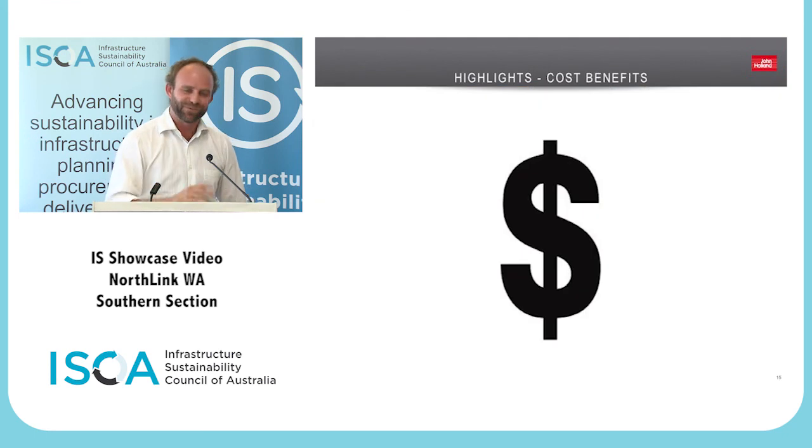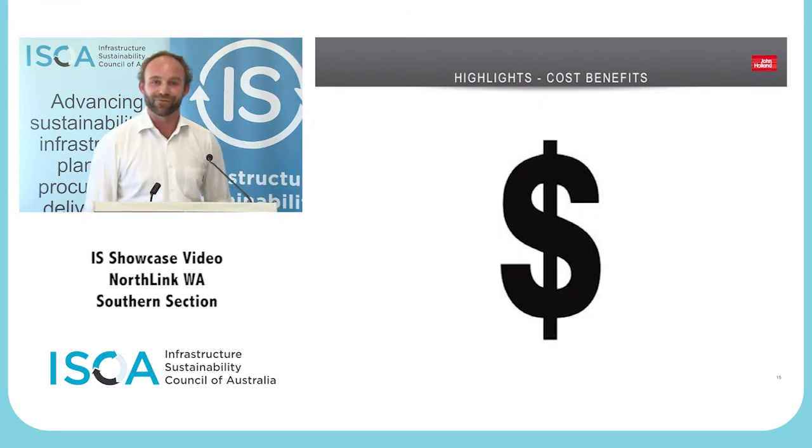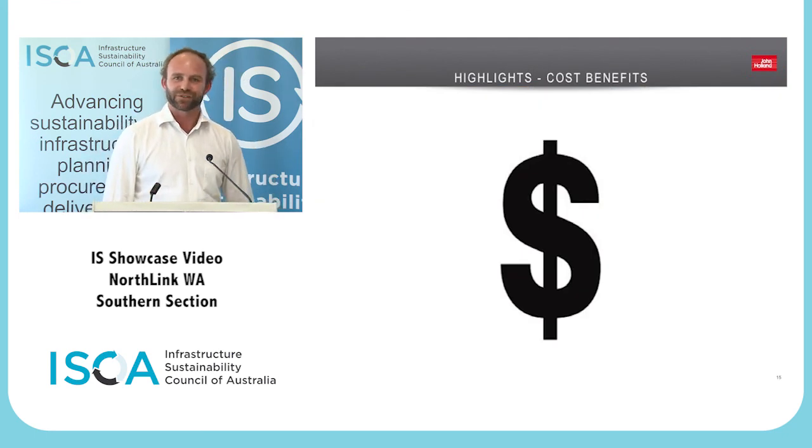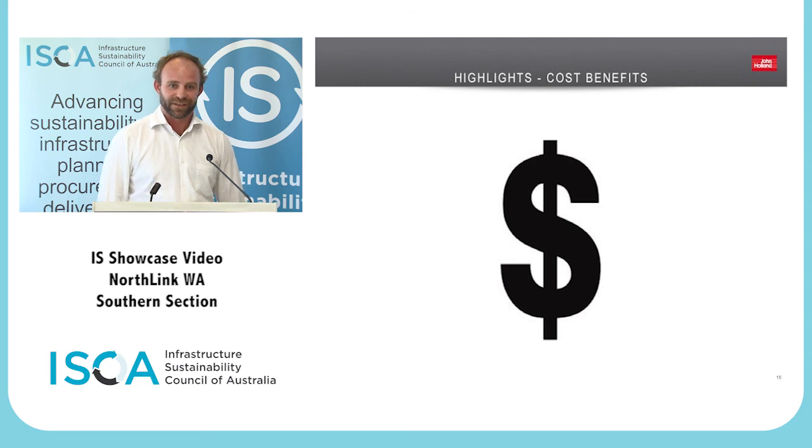So, by applying the ISCA framework, we've been able to yield cost benefits. John Holland's capital expenditure has been reduced as a result of applying the scheme. We're still nailing down how much we've saved, but it is in the order of millions, and it certainly outweighs any costs we've invested in the process.